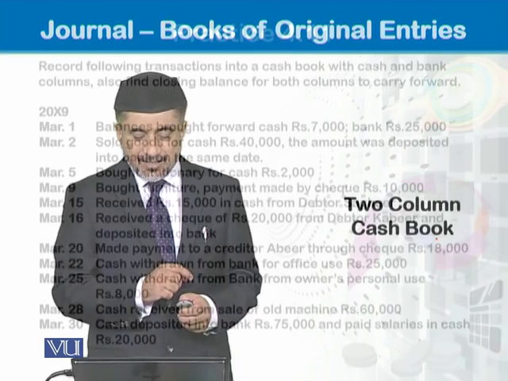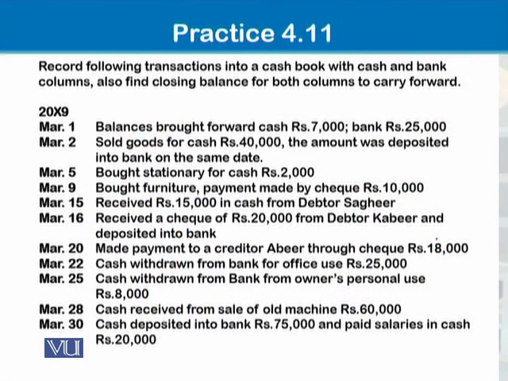So let's start this practice question, in which we have to record transactions into a cash book with cash and bank columns. We also have to find the closing balance for both columns to carry forward. The balance brought forward for cash is 7,000 and for bank is 25,000.